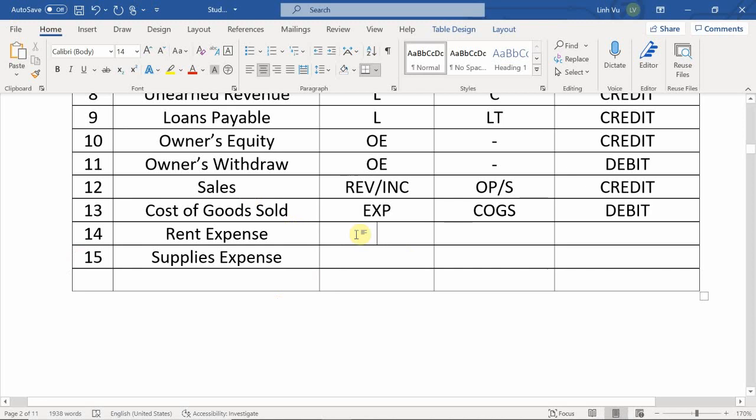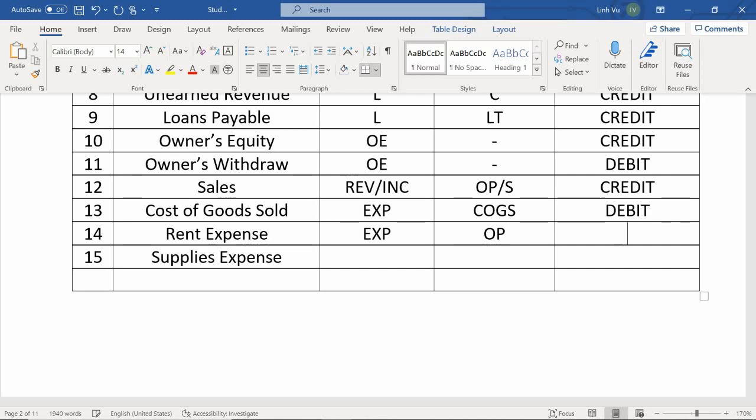Now, what kind of expense? It's an operating expense. It's not directly correlated to inventory, which is cost of goods sold. It is directly correlated to the operations. You need to have the building in order to open your store, in order for you to sell those items. So it's going to be part of operating.